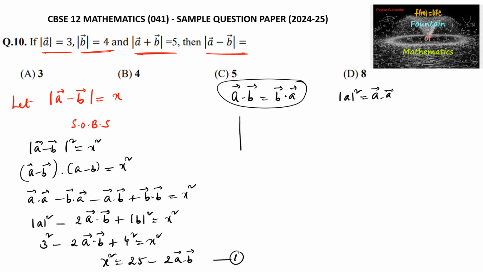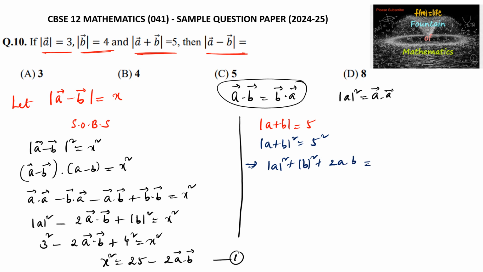Keep it aside. And now let's consider mod of A plus B is equal to 5. Now squaring on both sides, mod A plus B whole square is equal to 5 square. So by using the same concept, we can write mod A square plus mod B square plus 2 times of A dot B is equal to 5 square, 25.